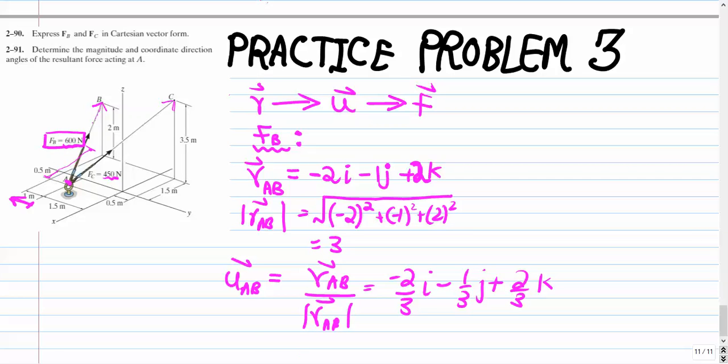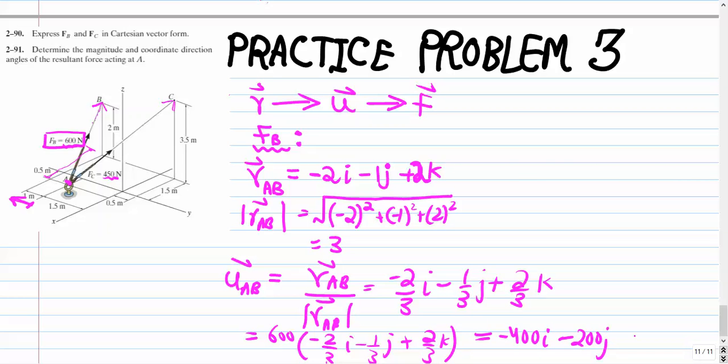So we will multiply 600 newtons by this unit vector. 600 multiplied by the unit vector, the answer that we get is negative 400i, minus 200j, plus 400k. Now we will repeat the same procedure for the next force from point A to point C.